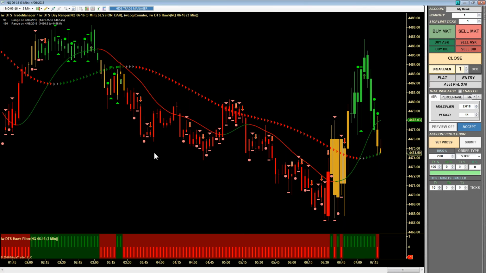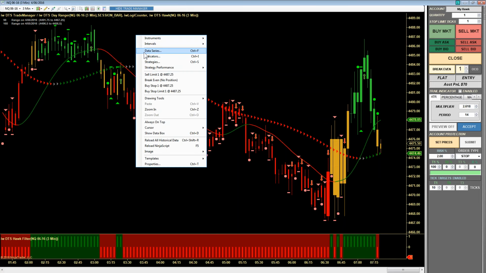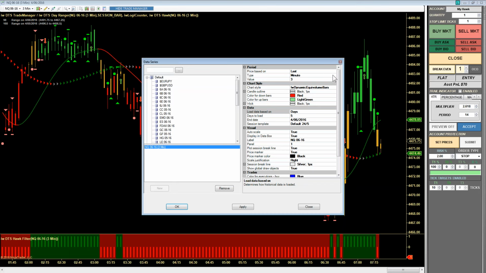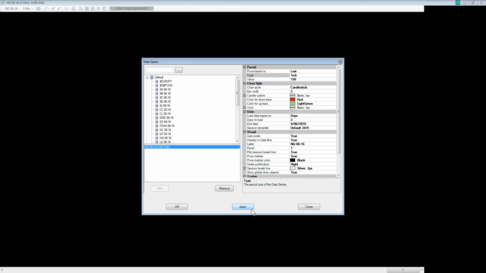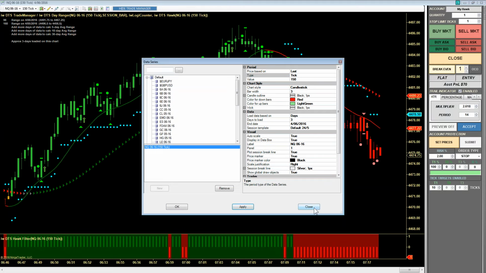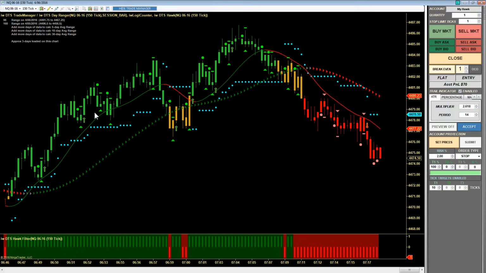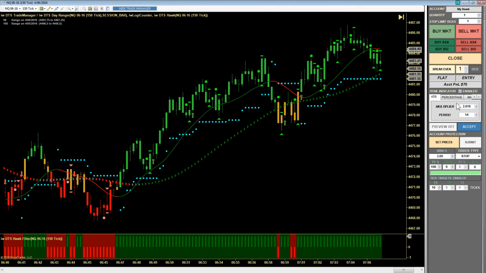Time-based charts, of course, are based on so many minutes per bar. Tick charts, you can also use the DTS system with tick charts. Tick charts build the chart on so many ticks per bar. So you can see it's a little bit of a cleaner look.